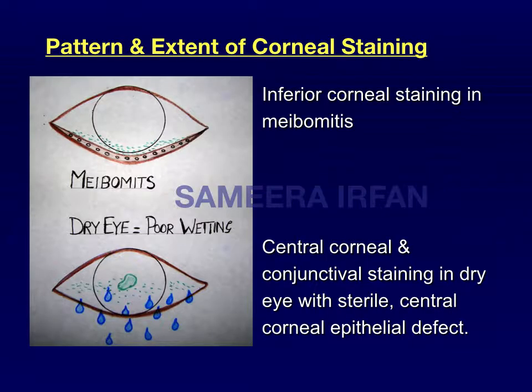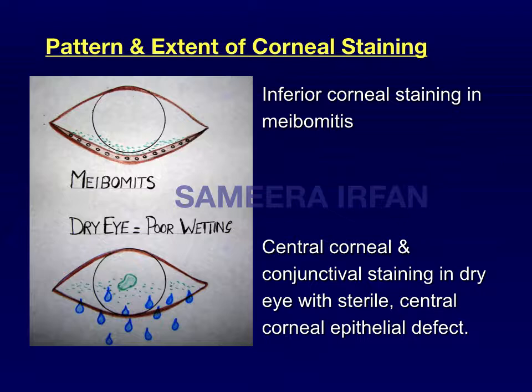Then the extent and pattern of corneal staining is important to be noted in cases of meibomitis, where there is an irritant meibum, or the toxic meibum which is produced, especially the free fatty acids in it. They irritate the lower part of the ocular surface and cause staining of the cornea and the conjunctiva at the inferior limbus.